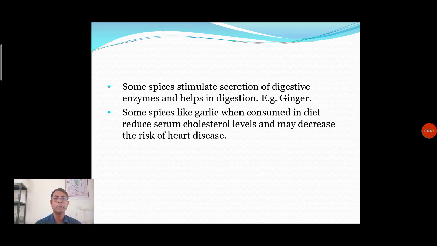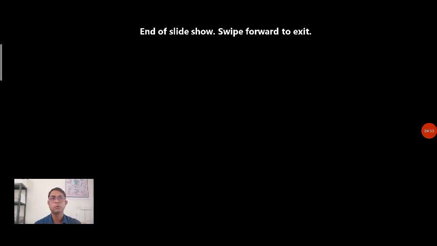So these are the two major properties: one, health related property, and second, preservative property. Due to the presence of these properties in spices, we add these spices to the food material. Not only in India but throughout the world, spices have been added to food.